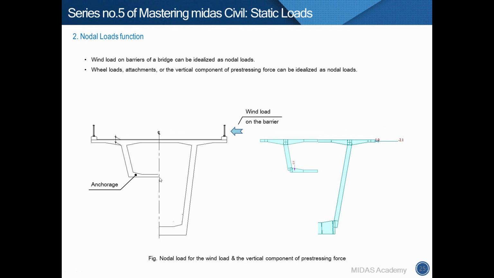Here, nodal loads are applied in the transverse analysis for a concrete box girder model. The nodal loads function is used to consider the vertical component of pre-stressing loading and the wind load on the barrier. So these are the nodal loads for each load case.